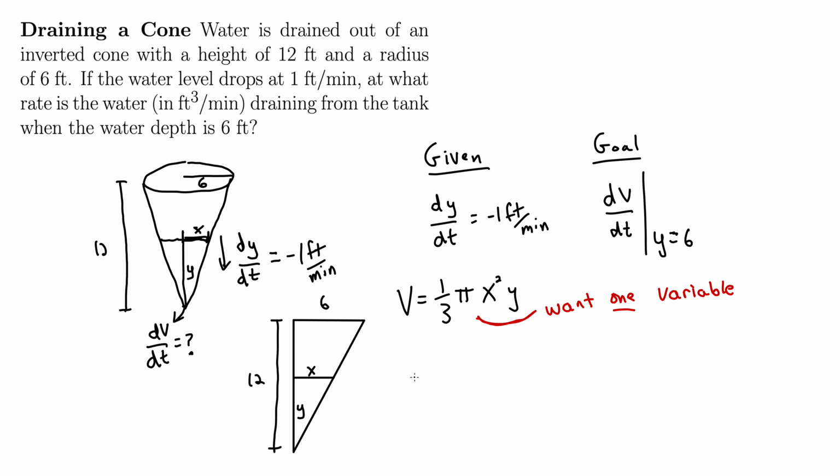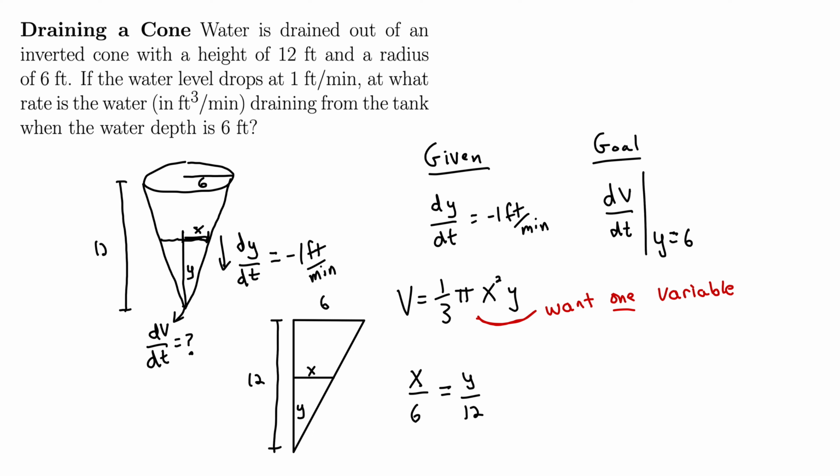So what this says is x is to 6 as y is to 12. So we've just said that since these are similar triangles, one inside of the other, the ratio of x to 6 must be the same as the ratio of y to 12. And now we can solve for one variable in terms of the other.